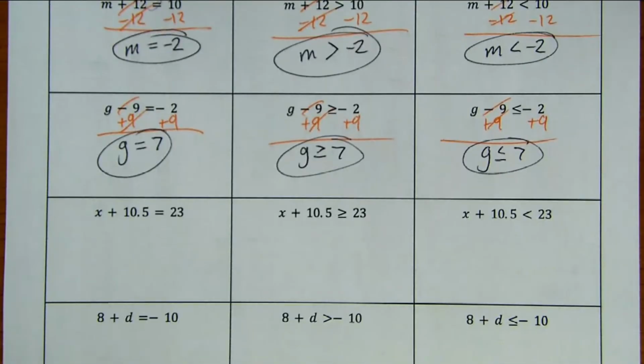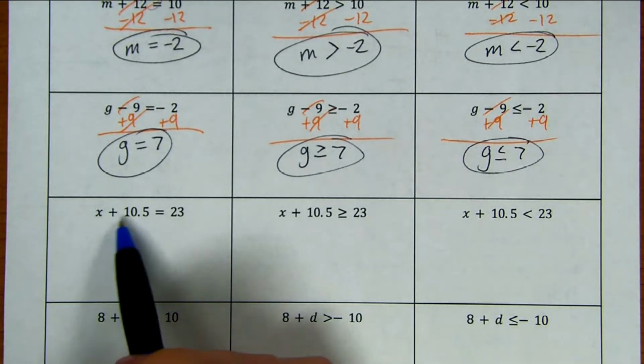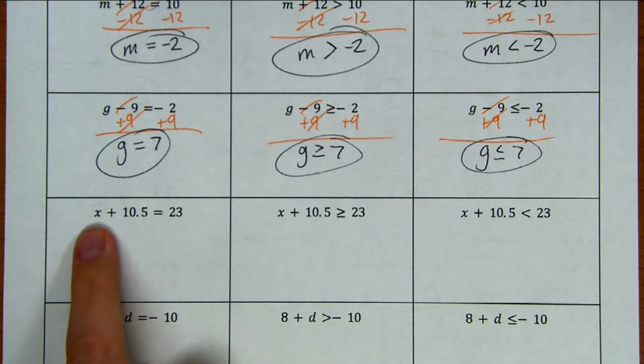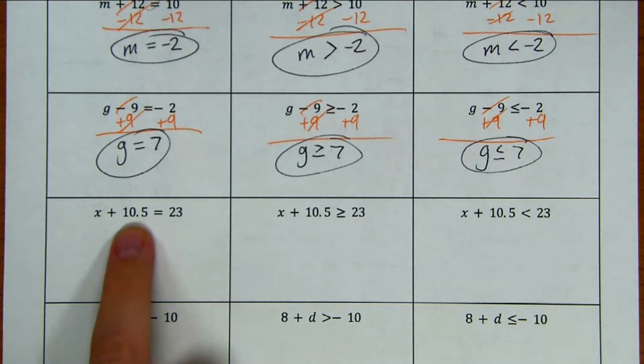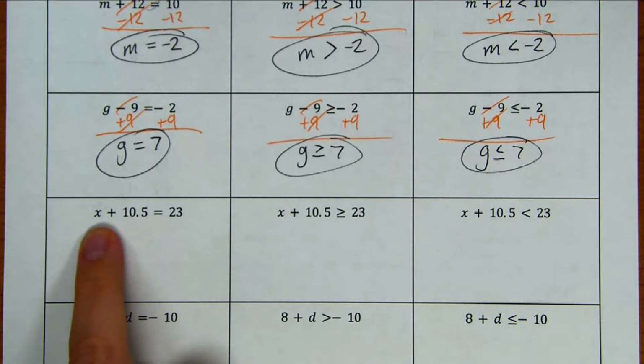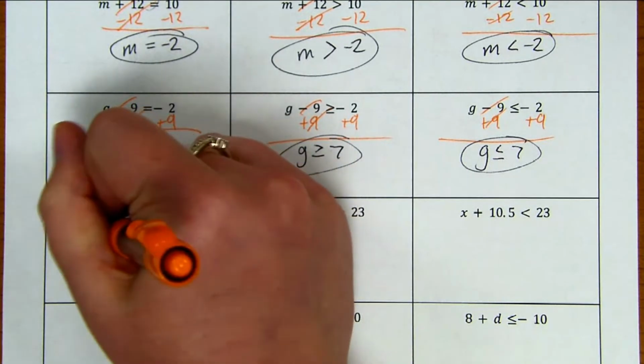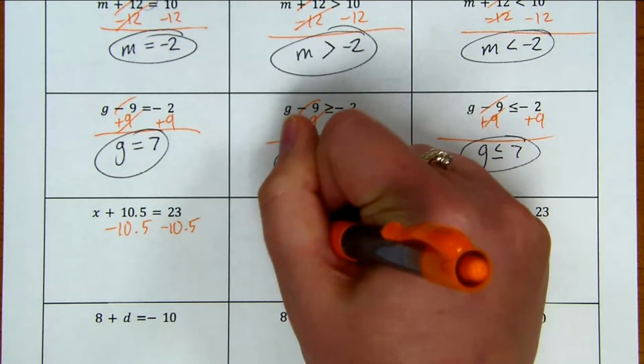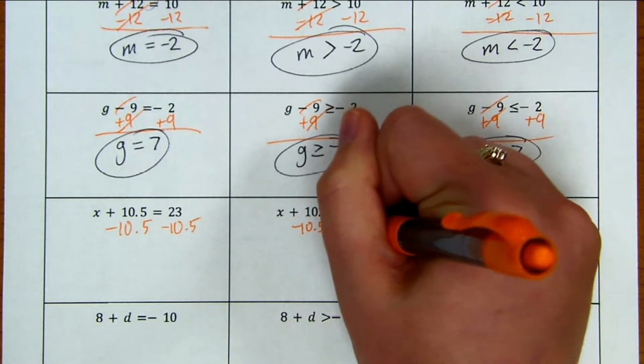For the next example, x plus 10.5 equals 23. Well, we need to get x by itself. So to get rid of this 10.5, now it is being added to x, so we will undo that by subtracting 10.5 from both sides. And we'll do that whether it's an equal sign or an inequality sign.